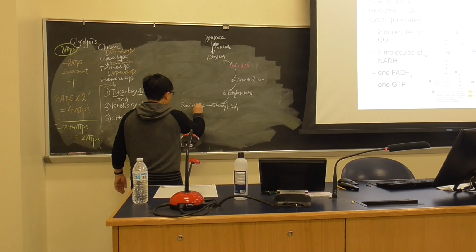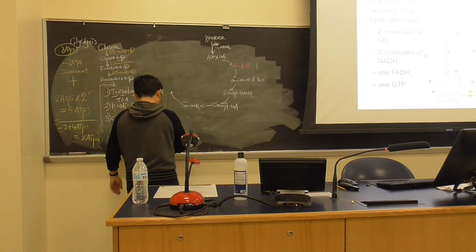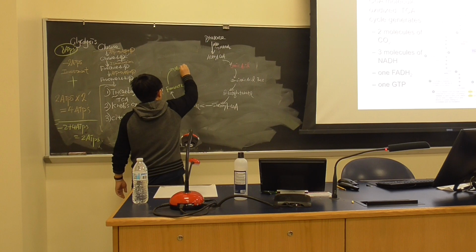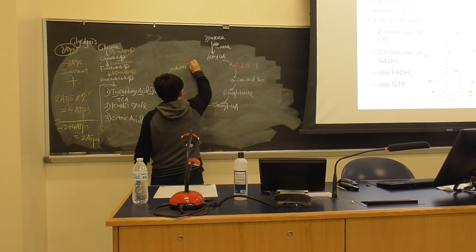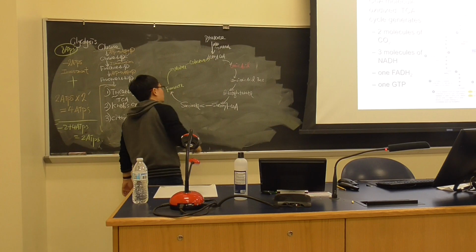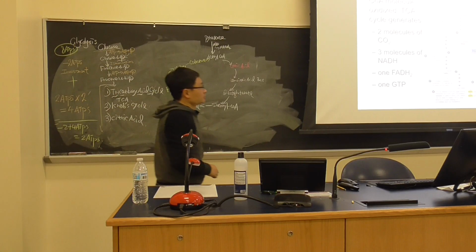Succinate. Then what do we have? Fumarate. Then what do we have? Malate. Malic acid, you like it, it's in the beer. Then what do we have? Oxaloacetate. Then finally it becomes acetyl-CoA. So that's the whole procedure.